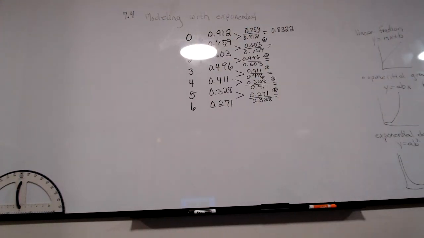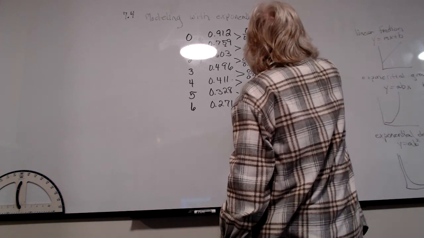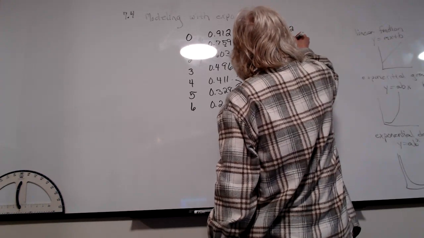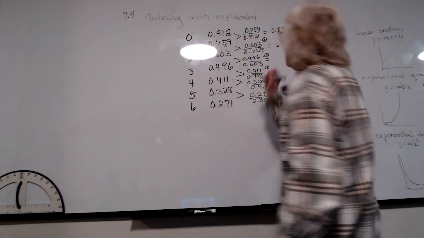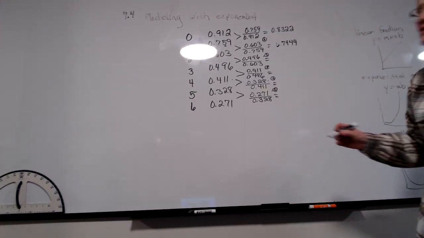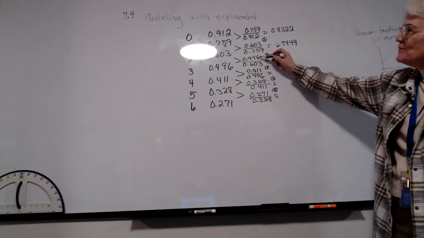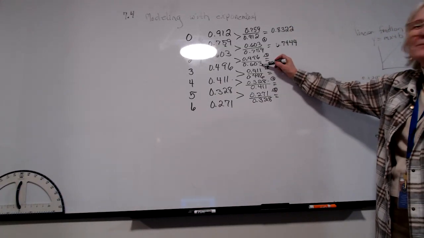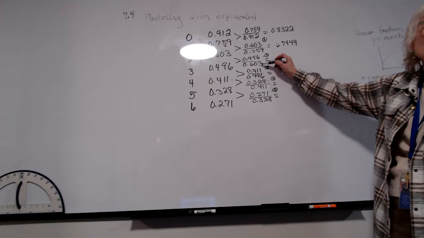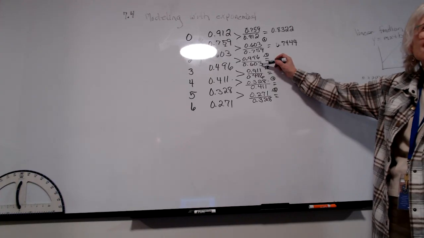Okay, what'd you get, Grayson? I got 0.7944. Okay. Who was 3, Med? What'd you get? 0.496 divided by 0.603 is not going to be 1 point.